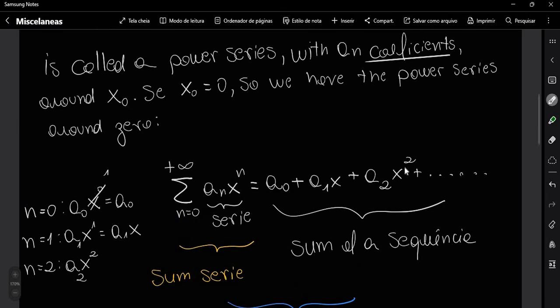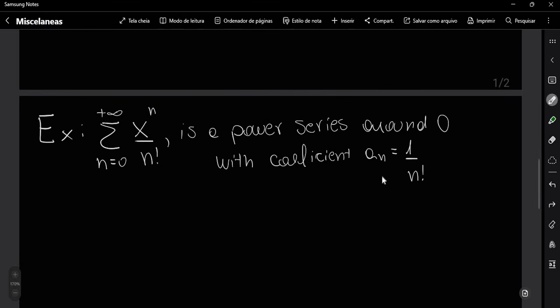Okay, so these coefficients of this power series extend for factorial numbers.